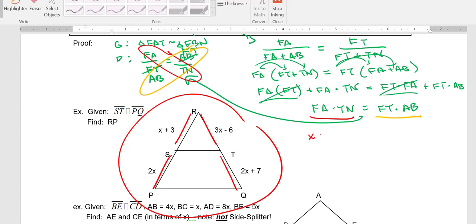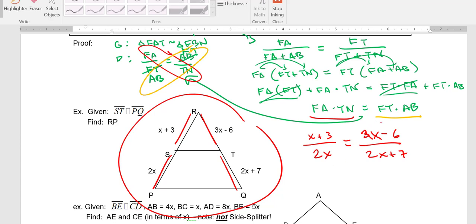So it would be x plus 3 is to 2x as 3x minus 6 is to 2x plus 7. Side splitter.